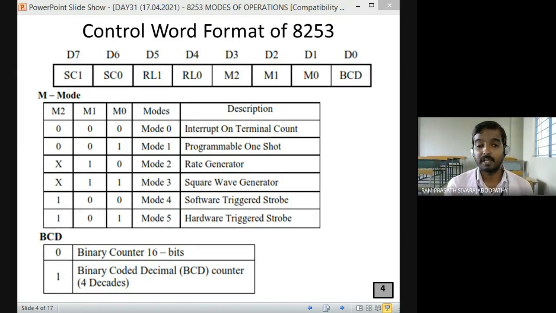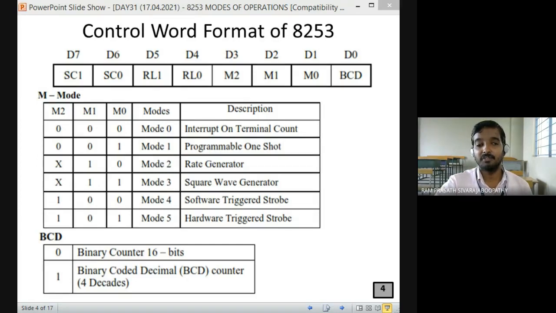Decrementing 15 gives 14, 13, 12, 11, 10. After 10, what will come? If it is a BCD counter, what comes after 10? If I say BCD counter, it is going to decrement after 0010H.